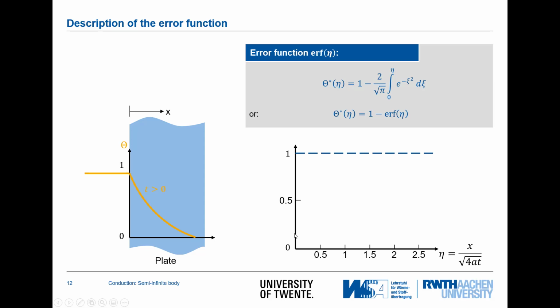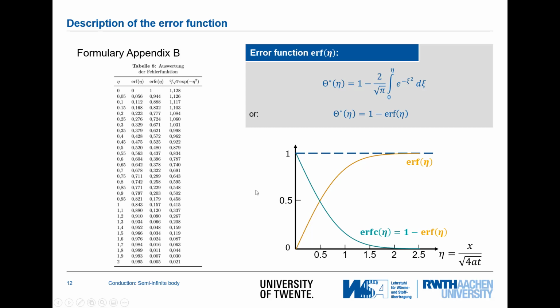The error function starts for eta equal to 0 at the value of 0 and then approaches the value of 1 after a short time, but it's just asymptotically approaching this value. Now, the temperature behaves like 1 minus the error function, so it's the inverse function here. We can see that we start at the value of 1, and then we are decreasing in our value for larger values of eta.